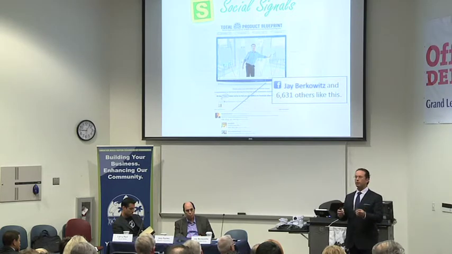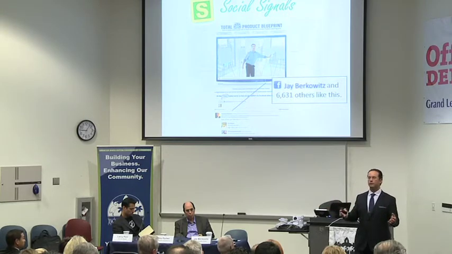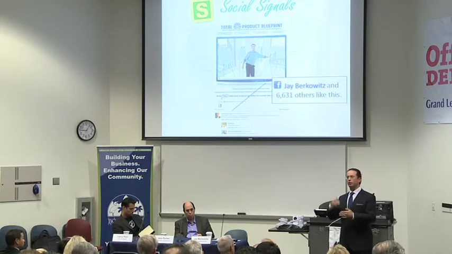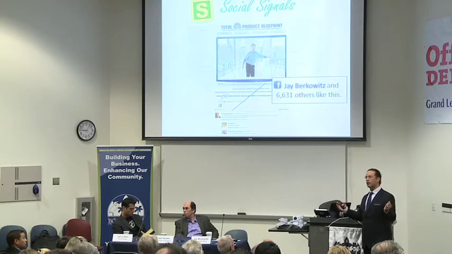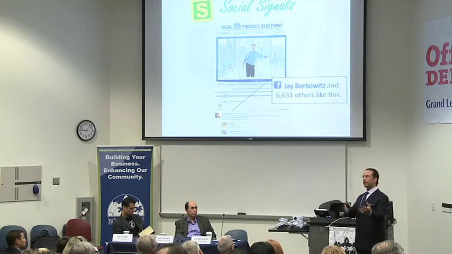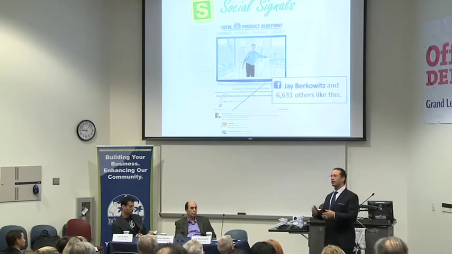So I mentioned earlier that I could create a knitting blog and link to my website. In the old days, that used to be considered a link. And a link was a link, and Google just counted the number of links. But then they started looking at the quality and relevance of links. So then the search engine industry started creating this thing called link buying. You could buy a link to your website for like $5, and some guy would leave that link on his website, and he'd get $5.